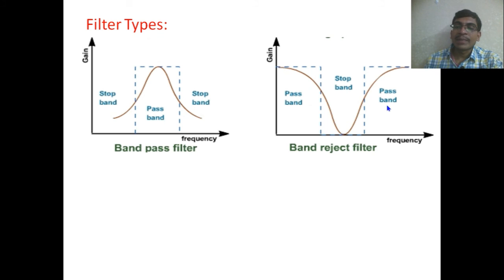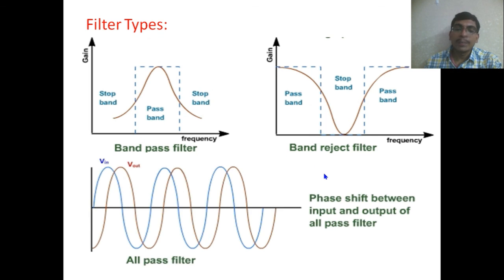This type of filter will attenuate certain frequencies and pass the remaining frequencies. Here this resonant frequency or notch frequency will be rejected by the filter, and the remaining frequencies will be passed by the filter. And the last type of filter is the all pass filter.